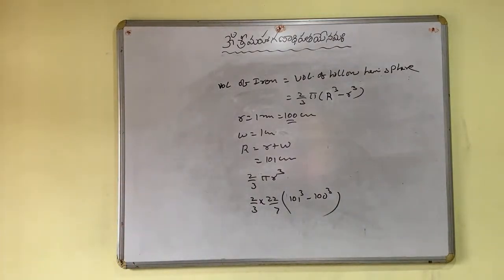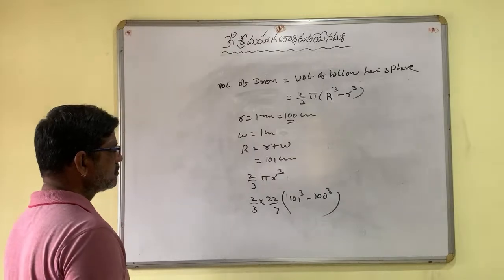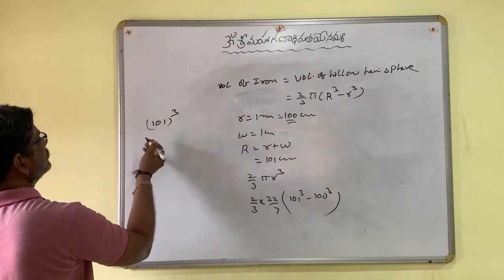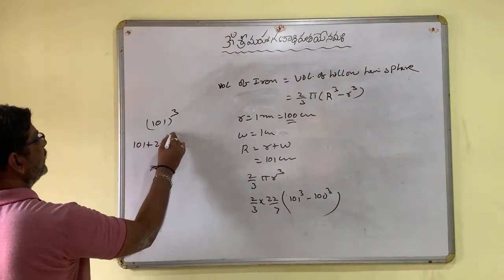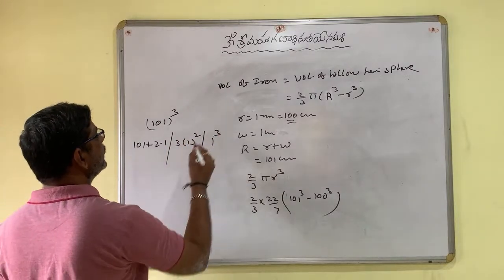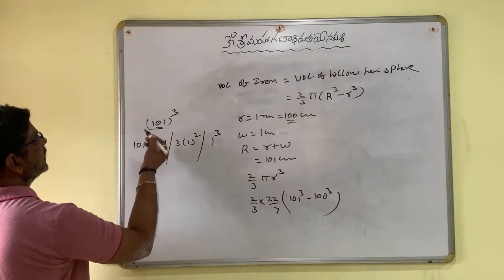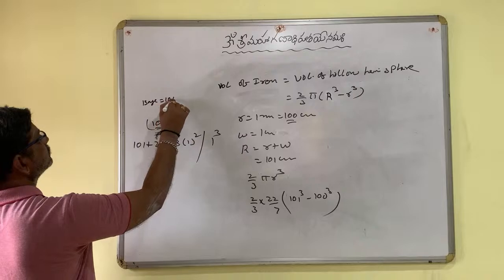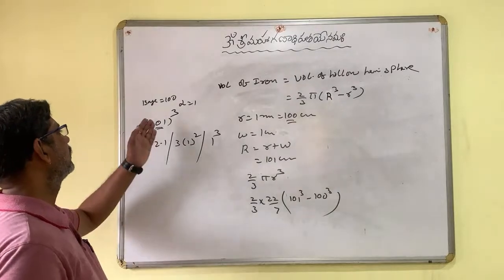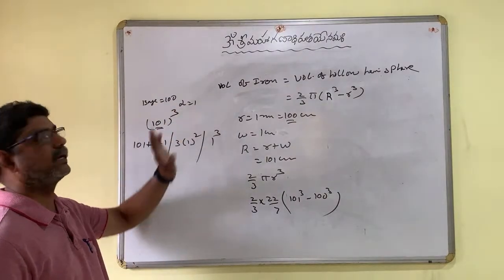We have the a cube minus b cube formula. For 101 cube, 101 plus 2 into 1, 3 into 1 square, 1 cube. Taking the base as 100, the deviation is 1, meaning how much this number is greater than 100, which is 1.